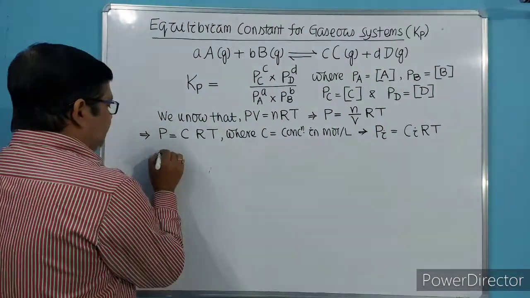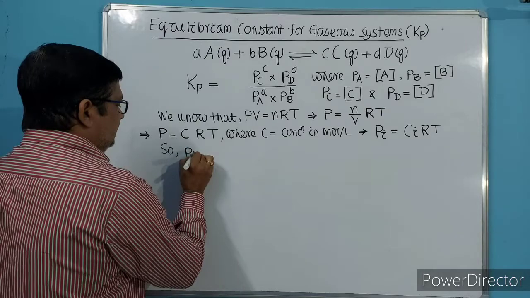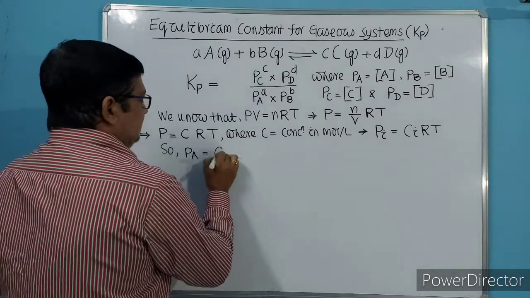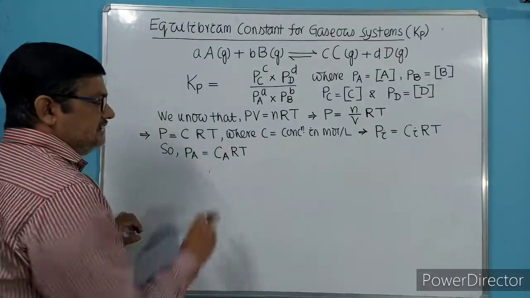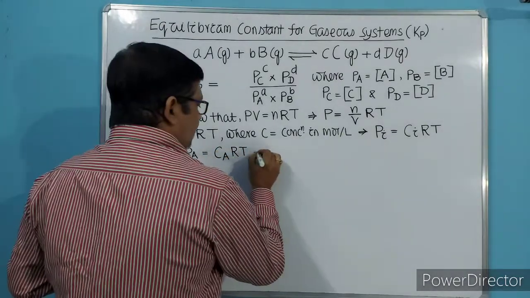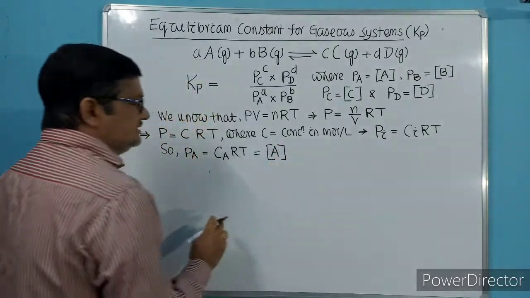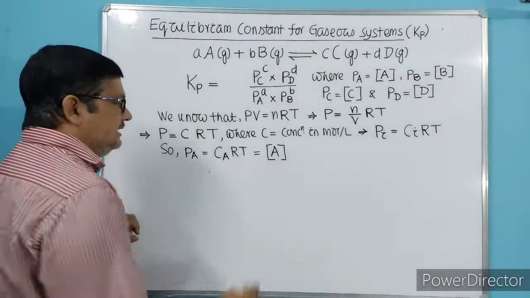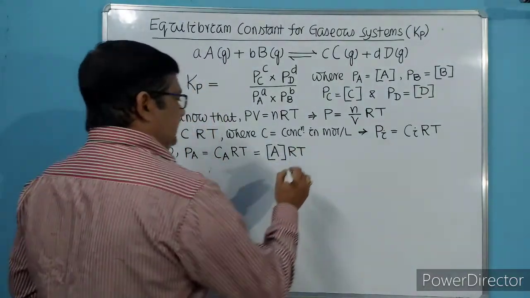So what will be the partial pressure of A? Now it is CA into RT. CA means the concentration of A, which will be written within square brackets. So the concentration of A into RT. Similarly, what will be PB?